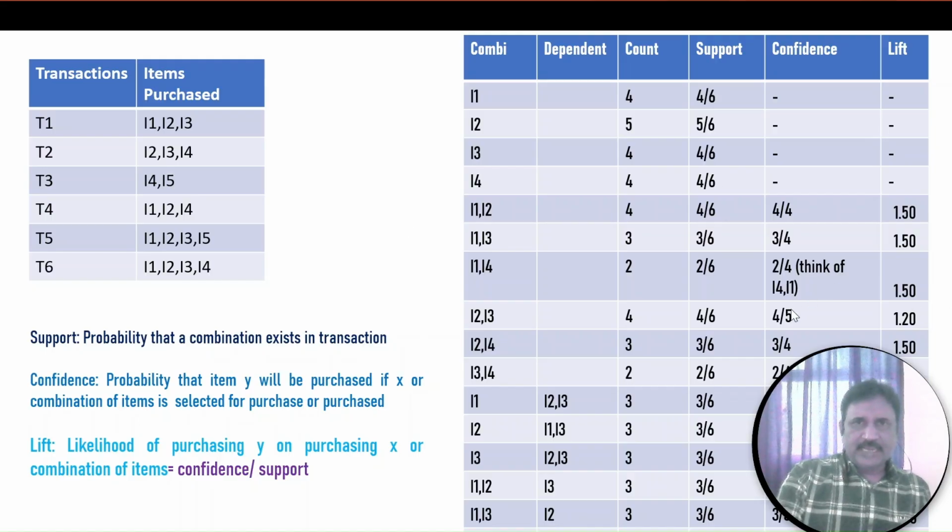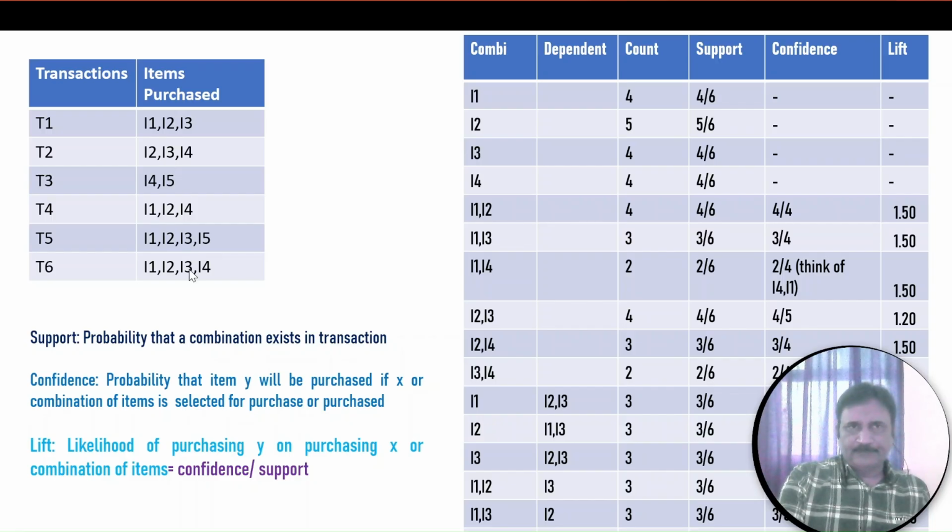Now I want to check whether I3, I2 is also 4 by 5. The records which have I3 are 1, 2, 3, 4 records.